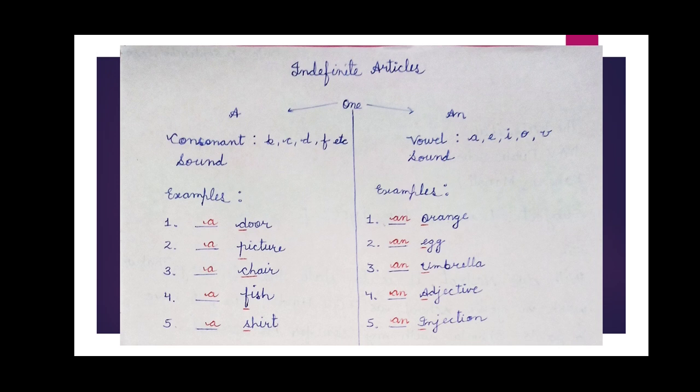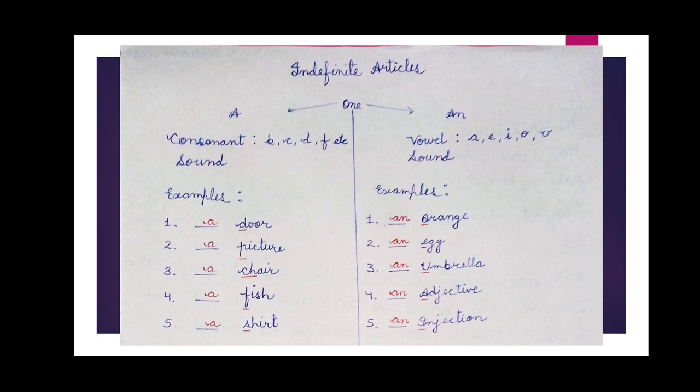First sound is ch, so that is why we would use a with it. Number 4, fish. The first sound at the beginning of this word is f, so we will use a with it, a fish. And number 5, shirt. Sh. So again we will use a shirt.